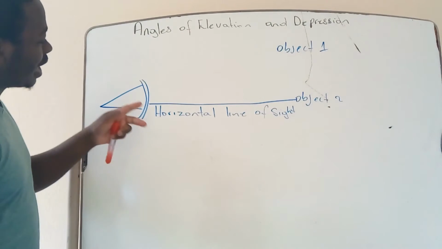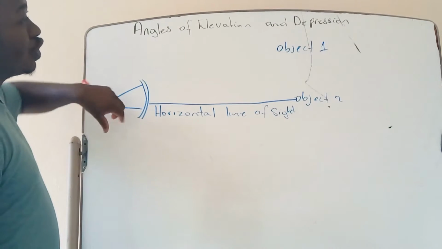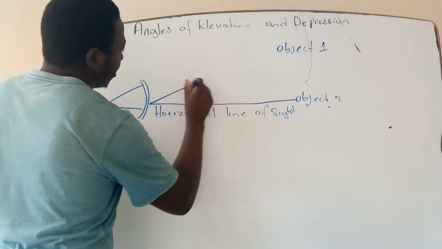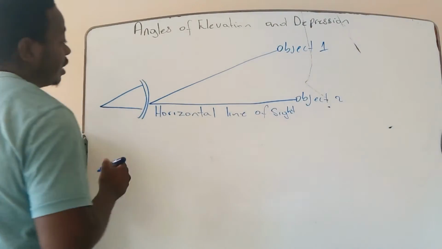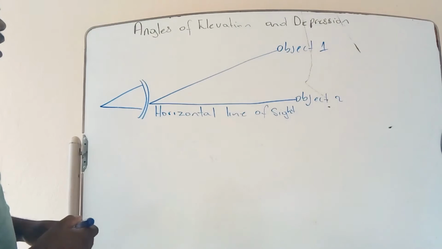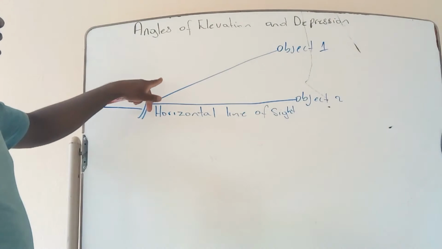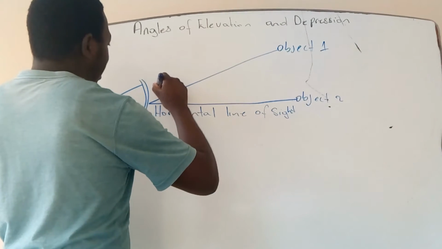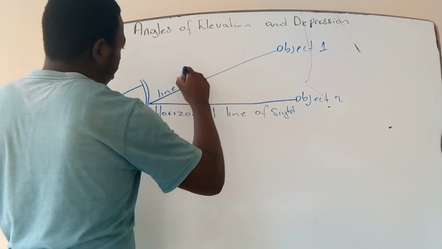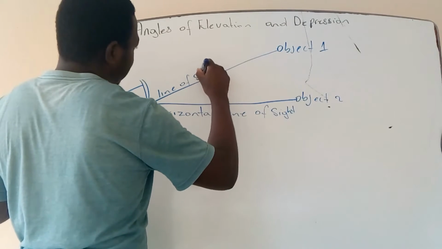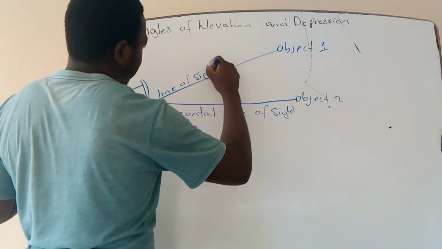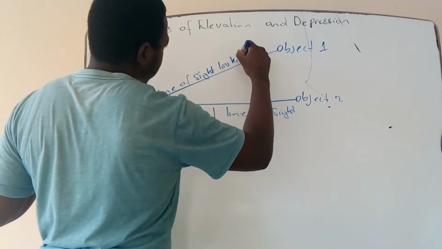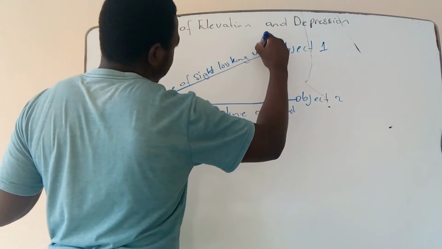So let's say that now your eye line, you just look up at another object, right, creating this line. This line, we give it a special name. We call it the inclined line of sight, or you can call it the line of sight looking up, right?